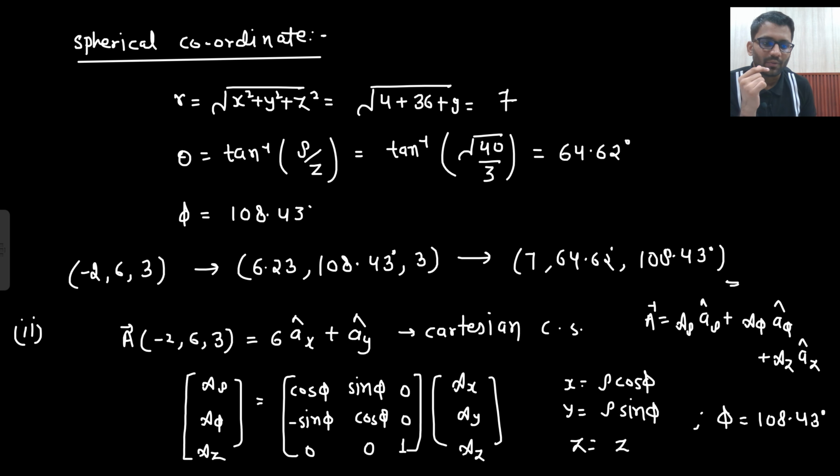A rho, a phi, az. So cos 108.43 degree, sin 108.43 degree, and then 0.